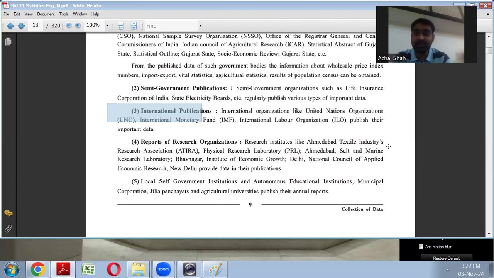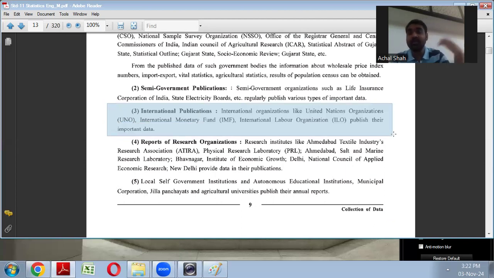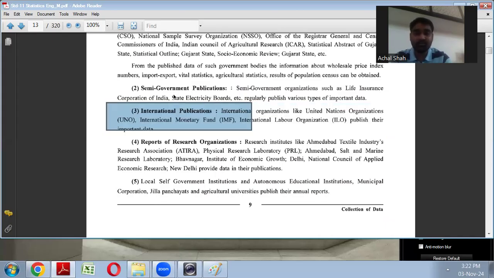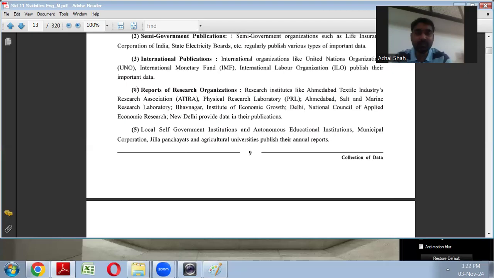Then it could be international publications also, मतलब जो international level पे काम कर रहे हैं, like United Nations Organization, UN. Basically, it aims for solving international disputes, conflicts, then International Monetary Fund, then ILO, okay, such kind of publications.